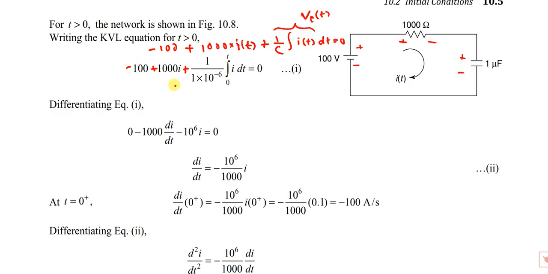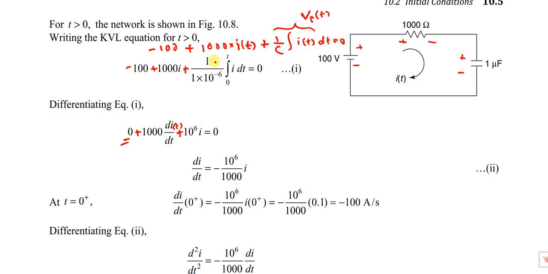You have to differentiate. So if I differentiate this equation number 1, the differentiation of 100 is 0, because the differentiation of a constant is 0. Then 1000 di by dt, plus 1 by C. The C value is micro, and micro means 10 power minus 6.